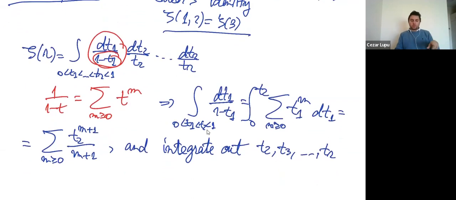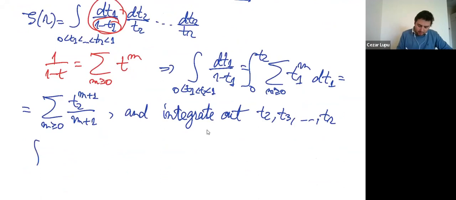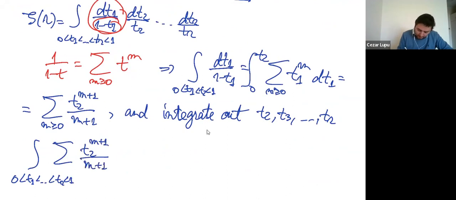Once we integrate this, this is a series now: t2 to the power m plus 1 over m plus 1, with m greater or equal than 0, and here I have dt2 over t2 and so on, dtr over tr.